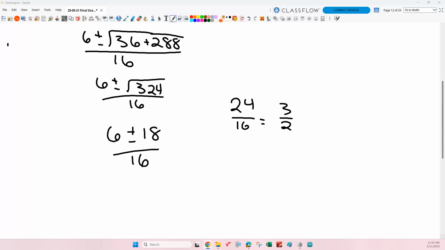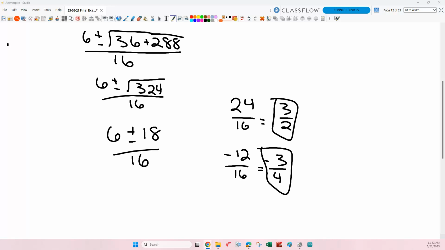Okay, and then we have to do 6 minus 18, negative 12 over 16, which reduces to negative 3/4. So then these would be the solutions. Feeling good so far? Okay.